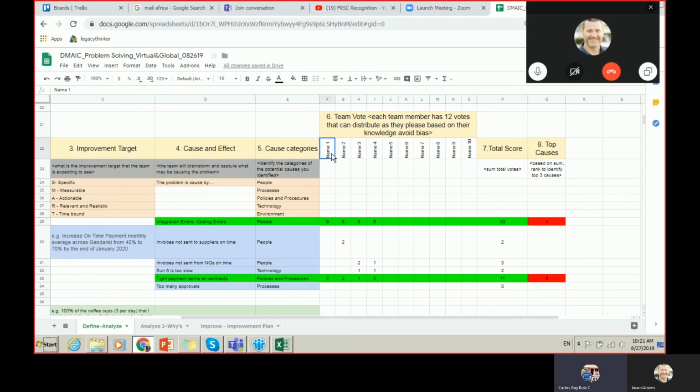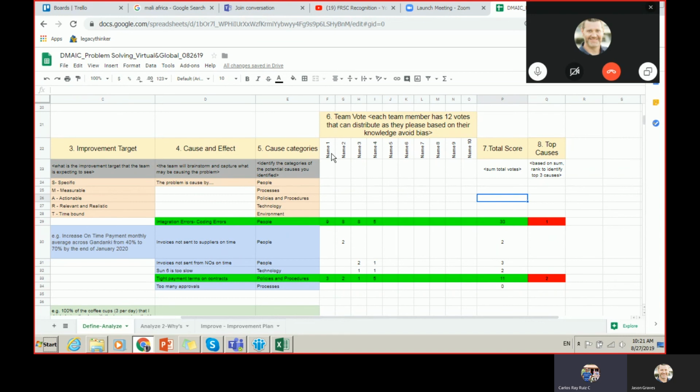And the good news is that this process is set up so everybody participates. If you see people not voting, you can say, hey Sean, I didn't see your votes. Could you please vote, because it's important that everybody participates.